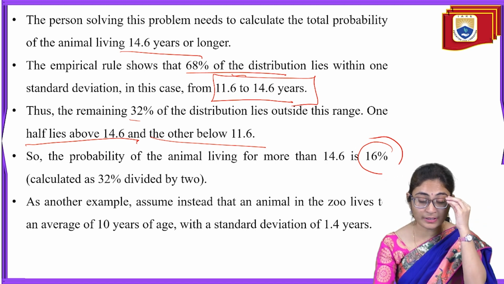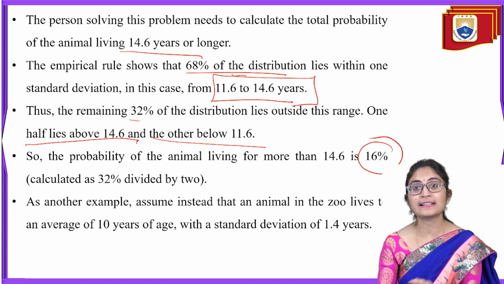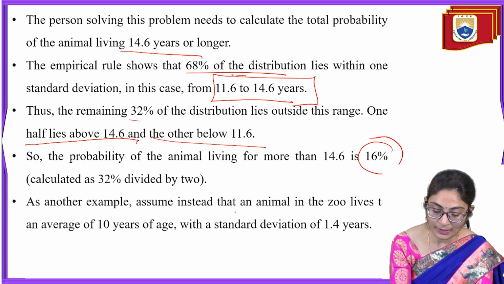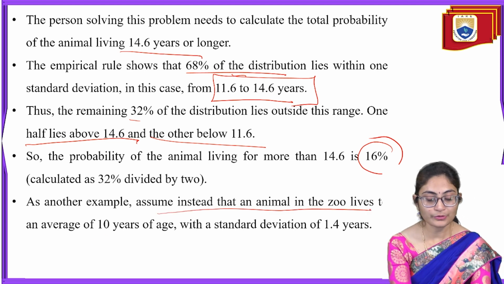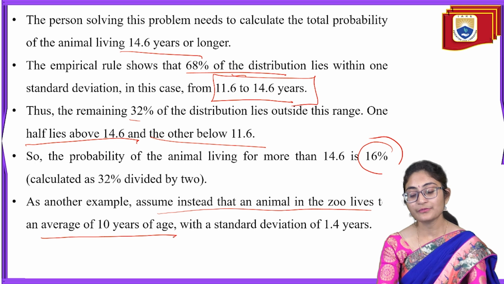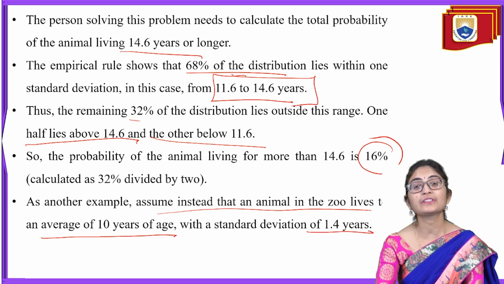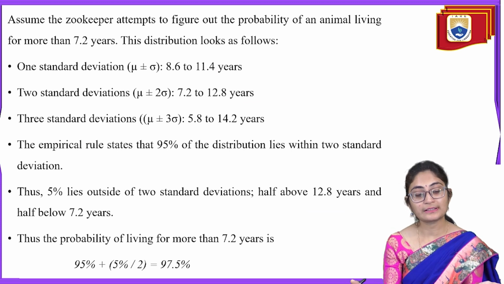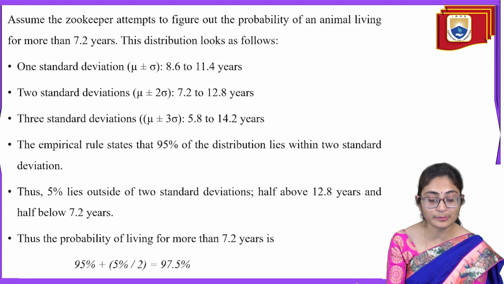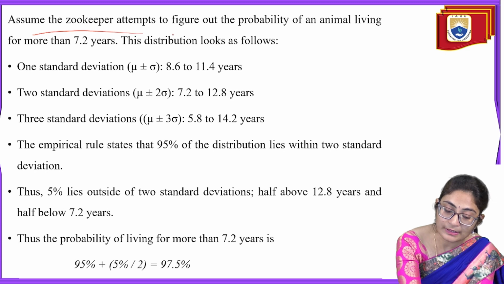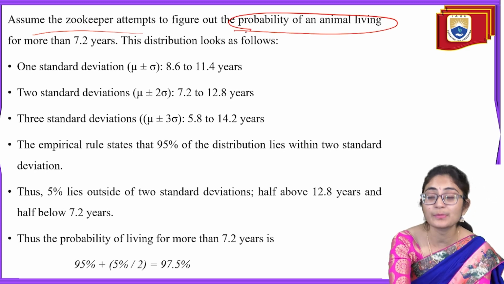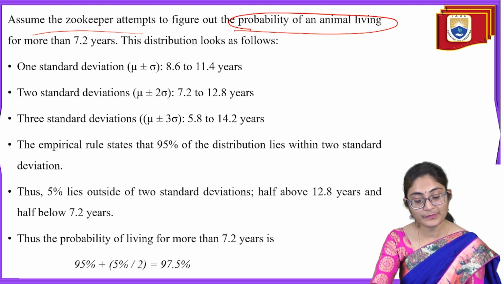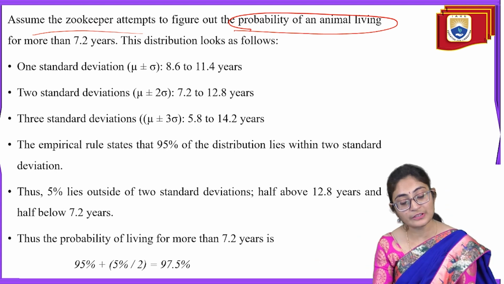Another example we can consider: instead of that animal, consider an animal in the zoo that lives on average 10 years with a standard deviation of 1.4 years. Now again our range will change. Now the zookeeper attempts to figure out the probability of the animal living for more than 7.2 years.